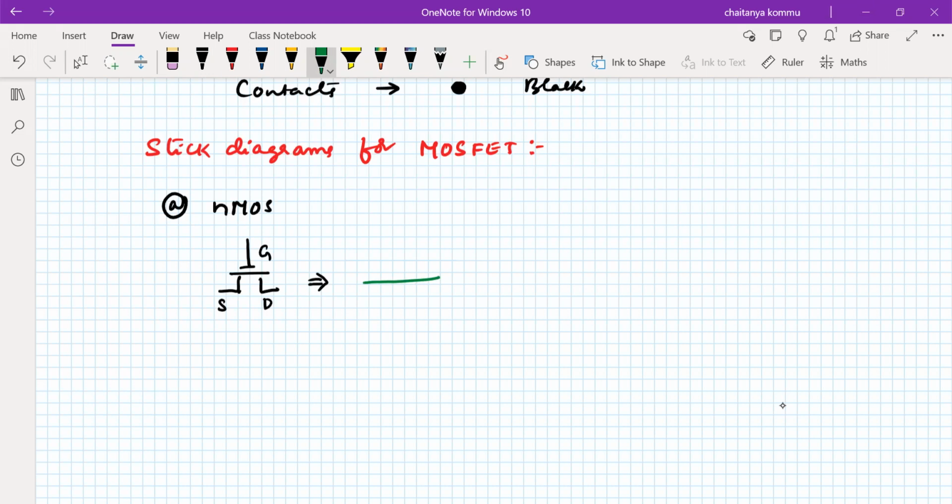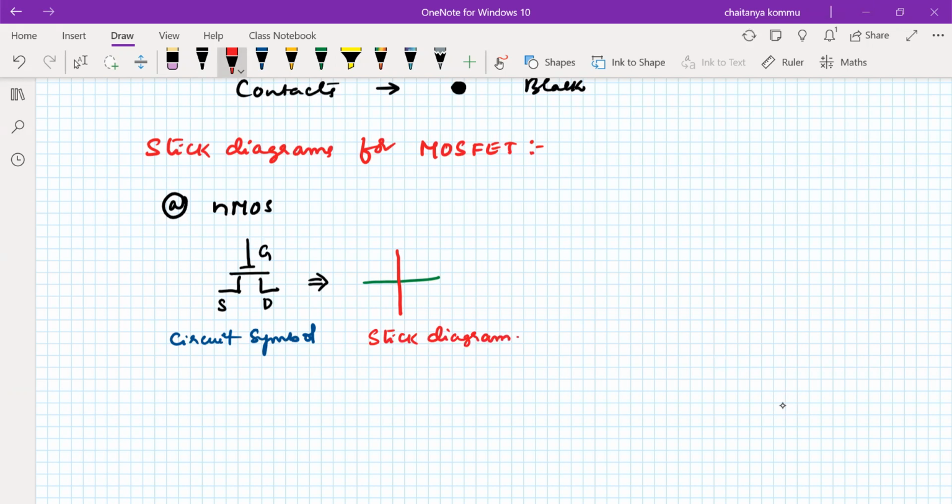And when the red line is crossing this one, then this is called a transistor. Stick diagram of NMOS transistor. This is the circuit symbol, we write it in this form, something like this. It is a circuit symbol. It is a stick diagram.